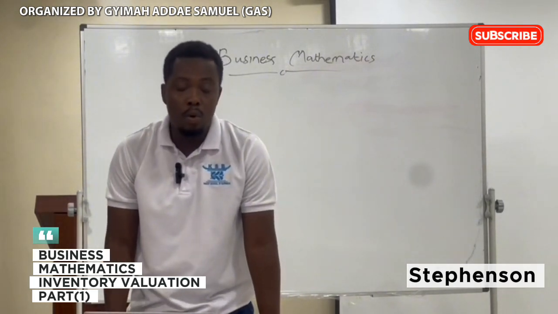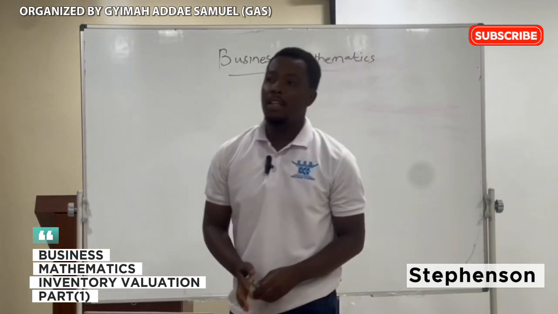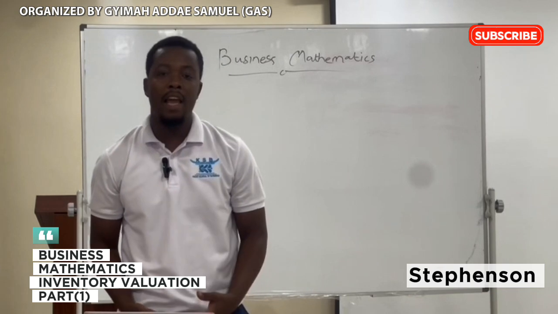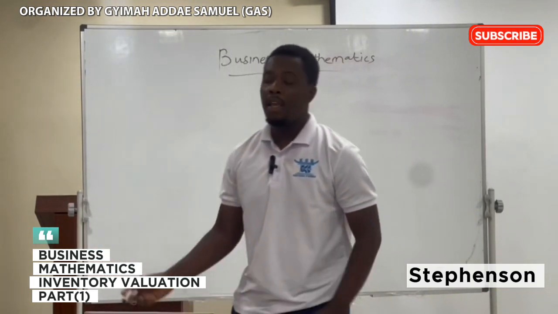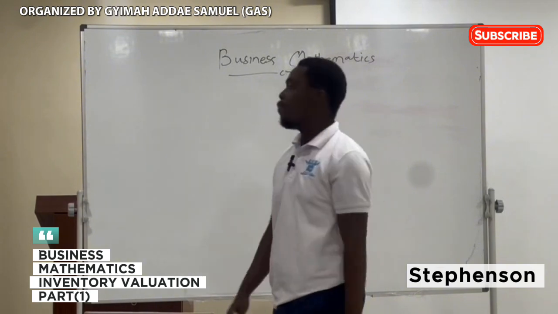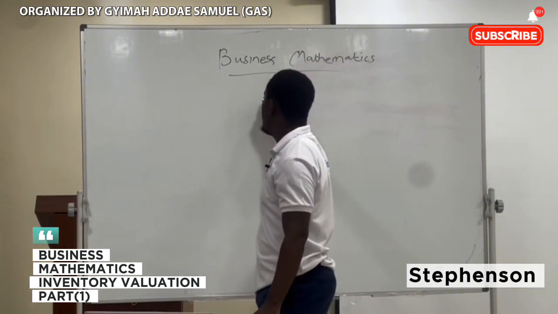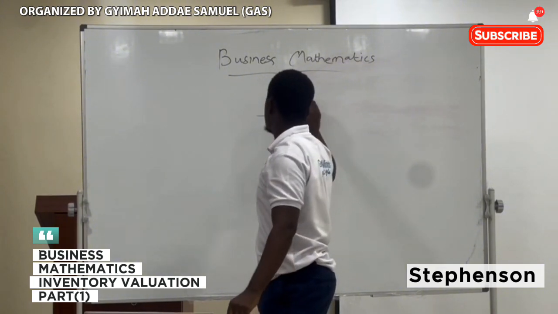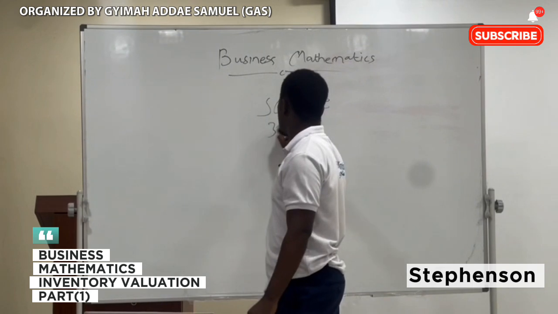Inventory valuation. So what then is inventory? Inventory here is the amount of stock that a company has at the end of an accounting period. So let's say at the beginning of my business, I had a stock of, let's say, 5,000, and I sell, let's say, 30,000.